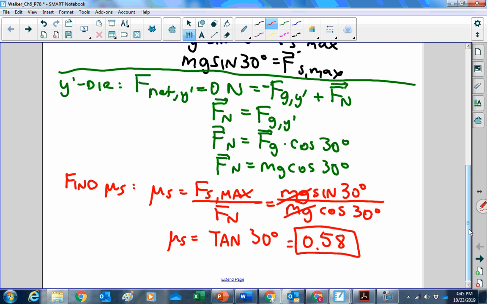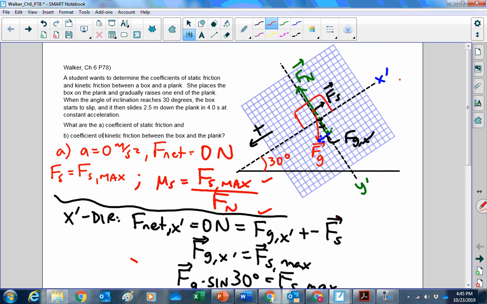Then if I'm going to do part B, I will use the same diagram, but this time I'm going to have less friction and it's going to accelerate down the ramp. So I'm running out of time. I want you to try that one.